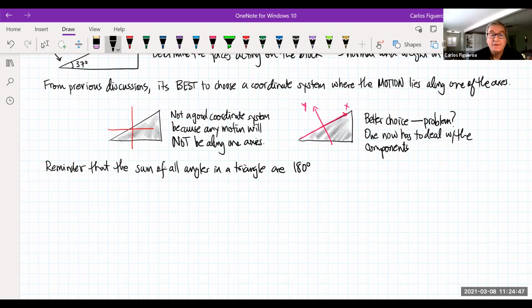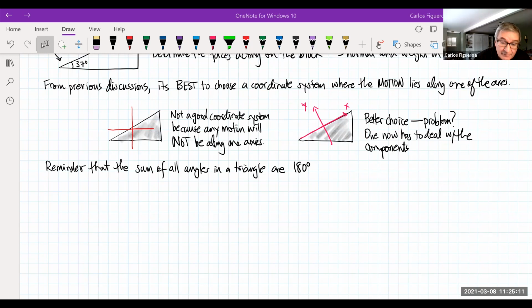Now I want to look at the free body diagram and start thinking about what actually happens here. We know we have balanced forces, so all forces have to balance out in length. Okay, so here we go.